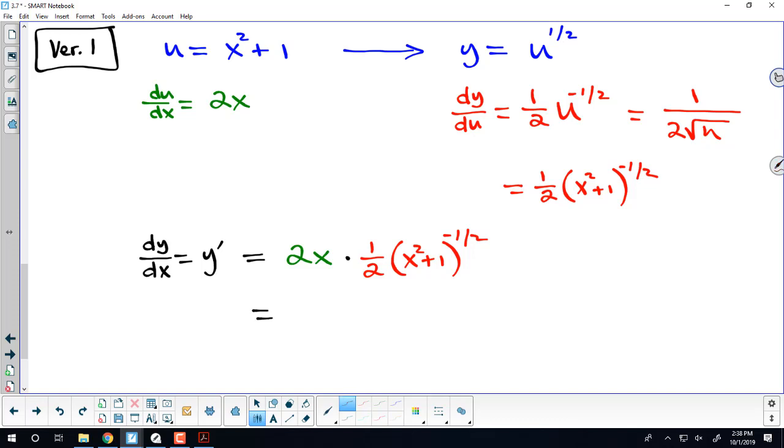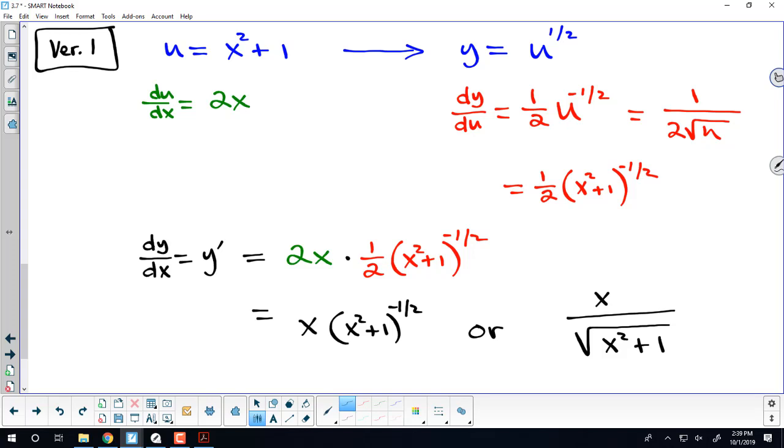So we'll cancel those two 2's out, and then we just have x times the quantity x squared plus 1 to the negative 1/2. Or if you like, x over the square root of x squared plus 1. So either one's totally fine for the derivative.